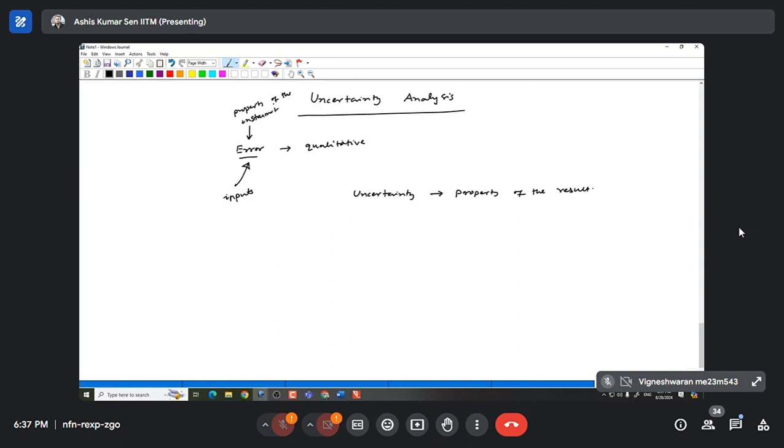We talked about various kinds of errors, right? Linearity error, hysteresis error, many different kinds of errors that we discussed. So errors are basically properties of instruments, but uncertainty is the property of the result. Okay.